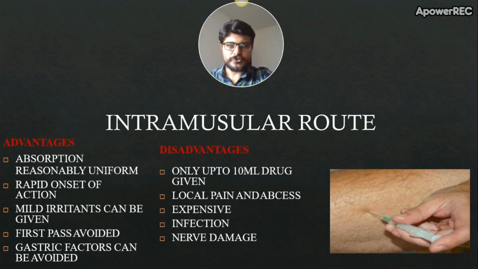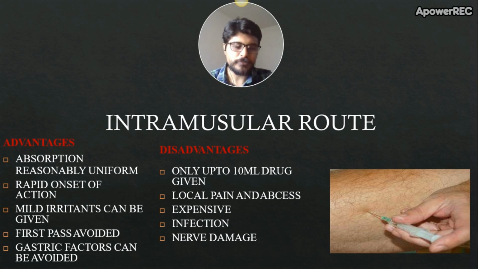Next is the intramuscular route. In the intramuscular route, the drug or injection is given in the muscles, right? The advantages are that absorption is reasonably uniform, rapid onset of action is also achieved, and mild irritants can be given via this route.